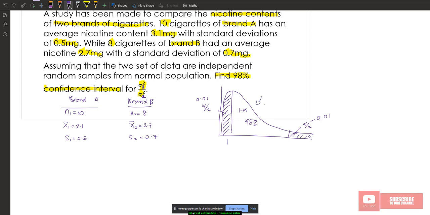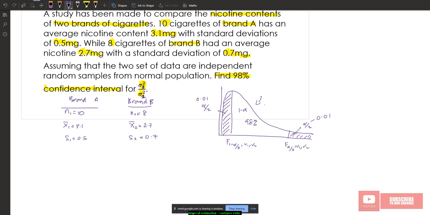So this is going to be F 1 minus alpha divided by 2, V1, V2, and this is F alpha divided by 2, V1, V2, right?